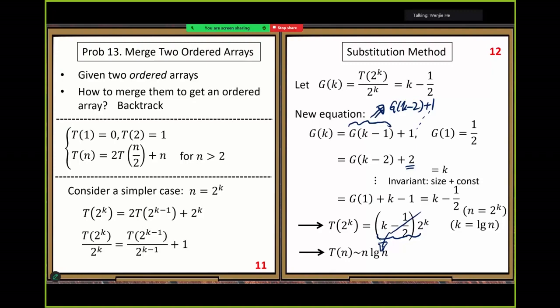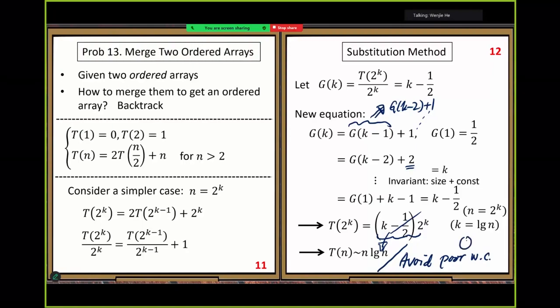Now, you can see we get an estimate for the worst case. The worst case, remember, we want to avoid the poor worst case, right? Our goal, avoid the poor worst case.